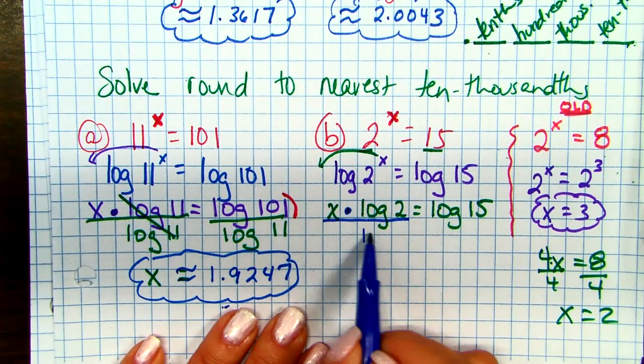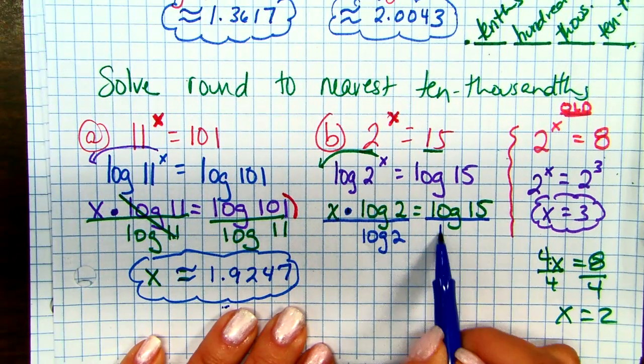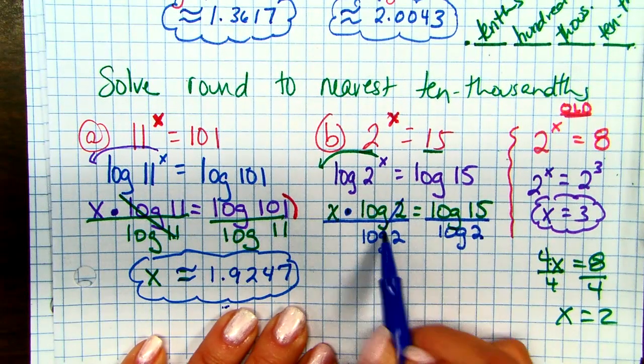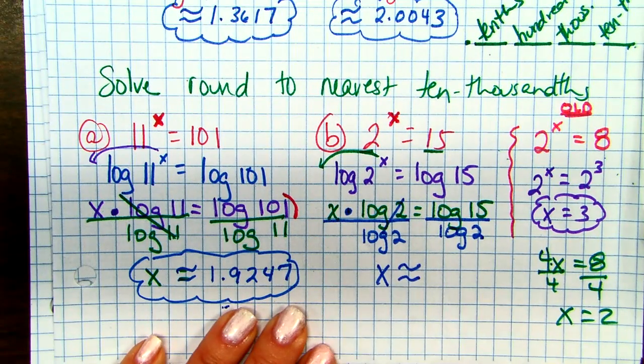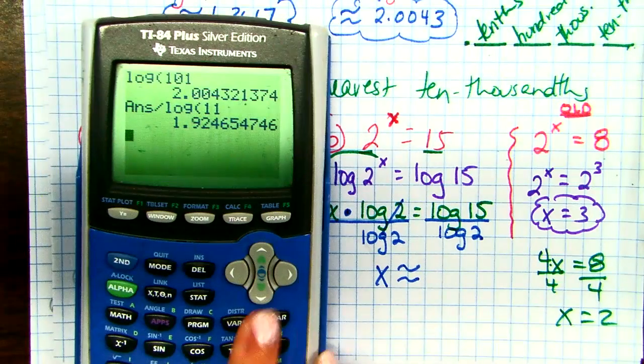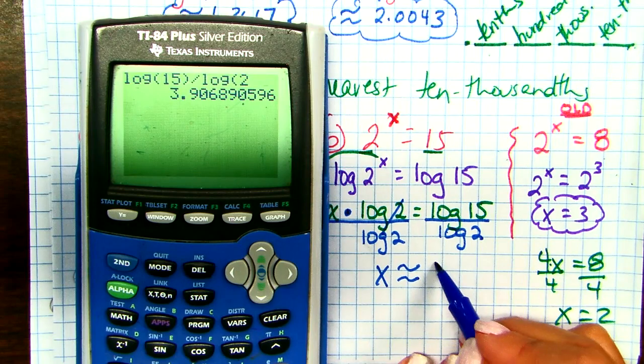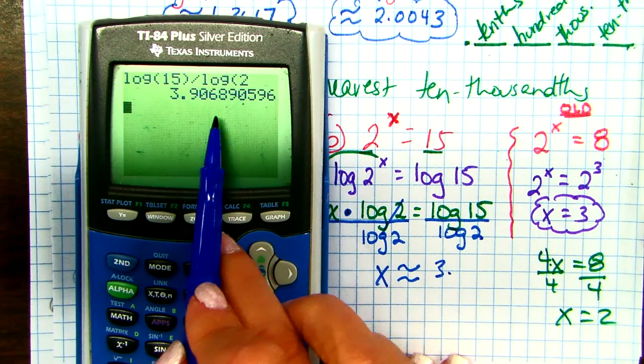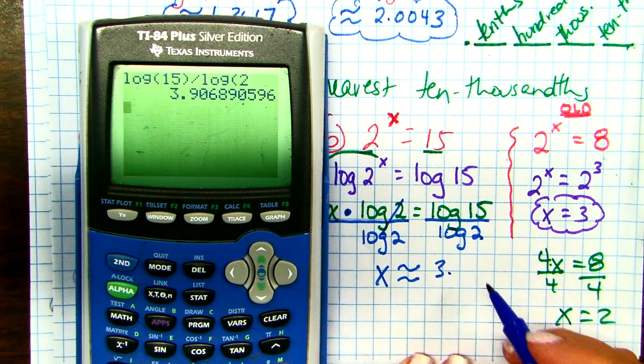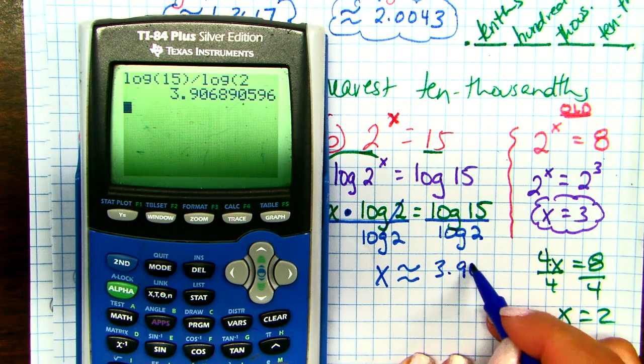Opposite of multiplication is division. And then I'm going to put that right in my calculator. So that's log 15, close my parentheses. If you're worried that you're going to forget it, hit enter and then divide. But make sure you check your answers on these so you know you're getting them right. So that would be 3.906. So the 9 tells the 8 to go up to a 9.